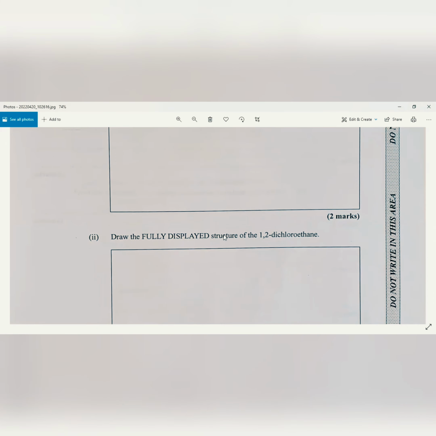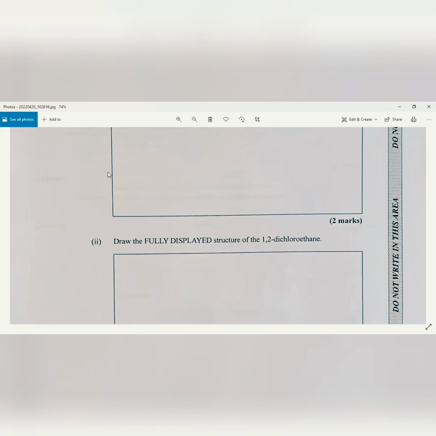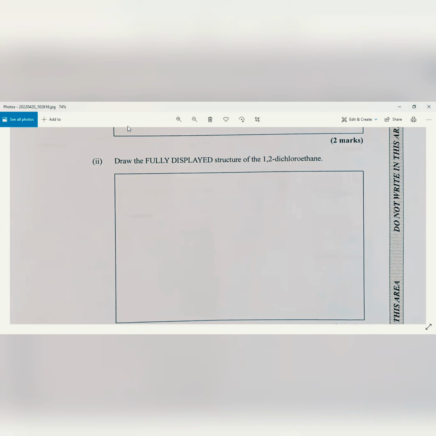It says, draw the fully displayed structure of 1,2-dichloroethane. What you know about alkenes is that they undergo addition reactions. So basically, all that's going to happen is that chlorine is going to be added across the double bond. This is your ethene, I'm just going to redraw it, C double bond C, H, H, H, H, and we're adding chlorine to that.